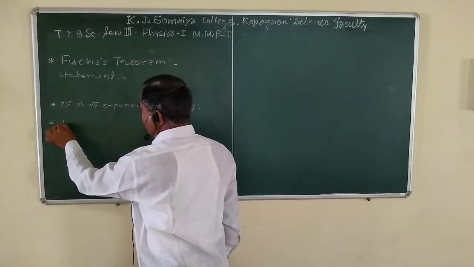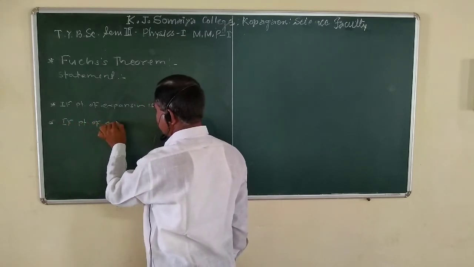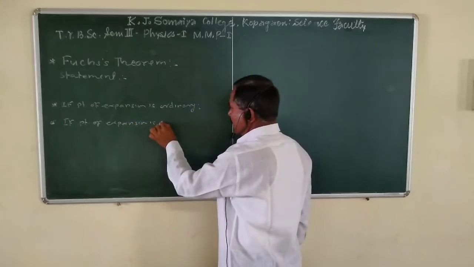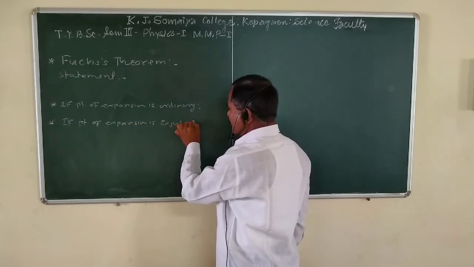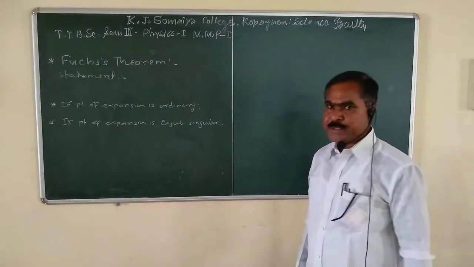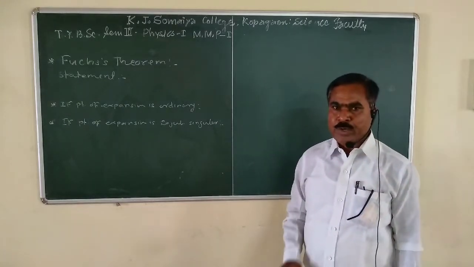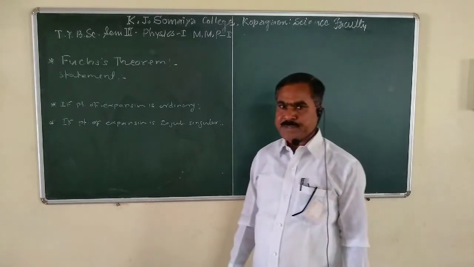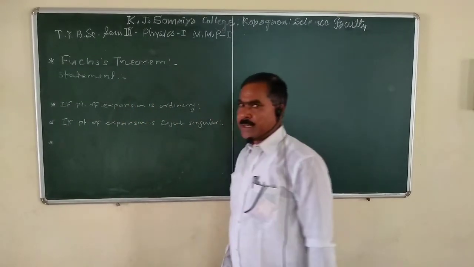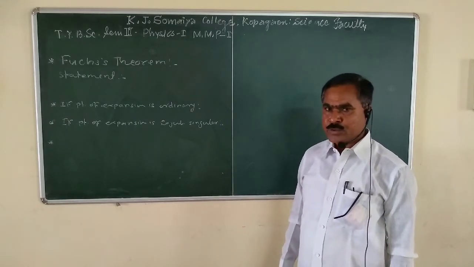Secondly, if the point of expansion is regular singular, then we will get at least one solution of the given differential equation. And next, if the point of expansion is irregular, then we may or may not get the solution.